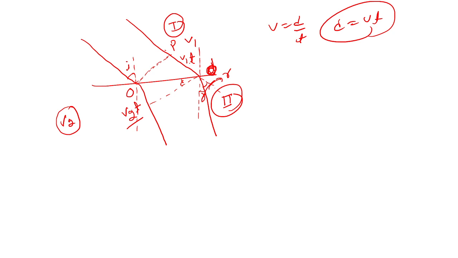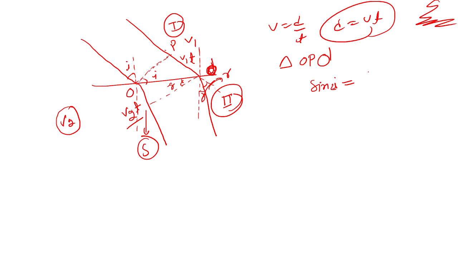Let's say this point is S. From the triangle O P O dash, we can easily get the value of sine I. It will be equal to v1 t over O O dash.